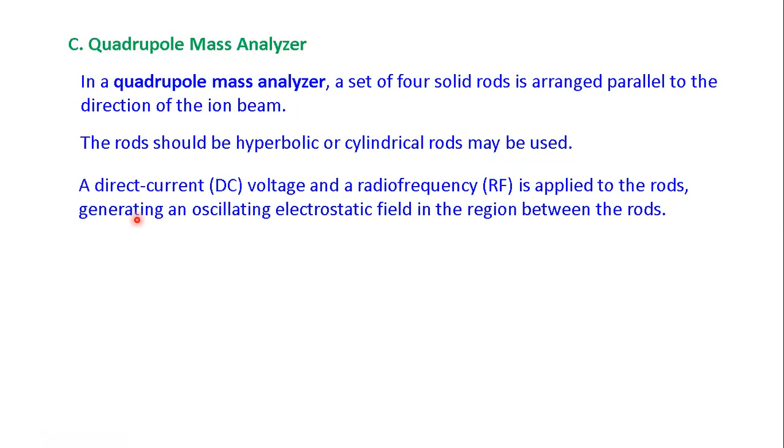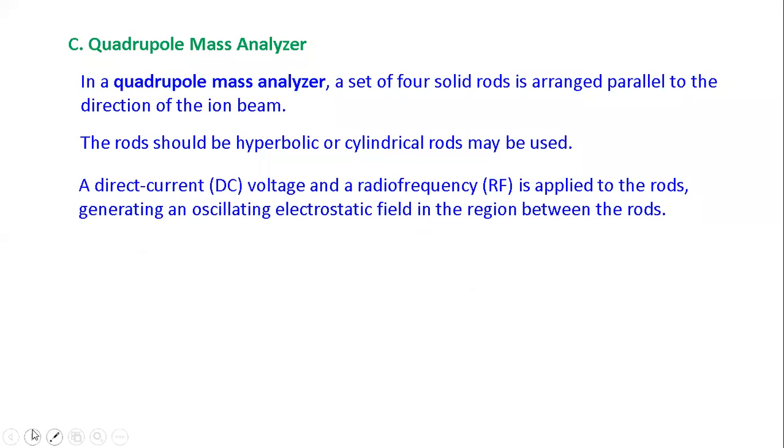Now direct current is utilized there. So DC voltage is utilized, and another thing, radio frequency RF is also utilized. These two things are applied to the rods, which will generate an oscillating electric field in the region between the rods.